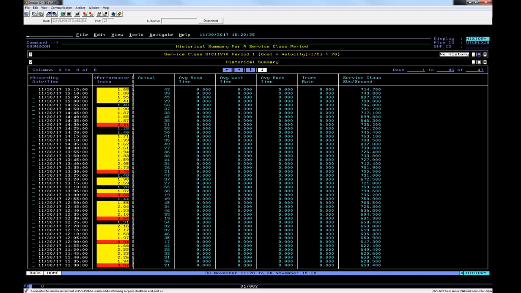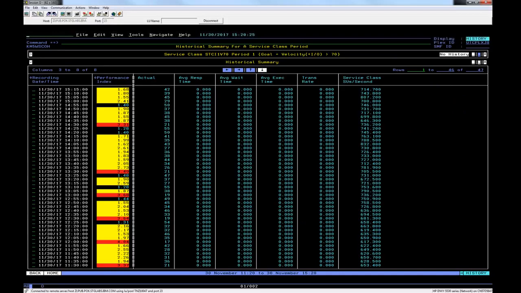This is a velocity, and an indication here that I/O management is in effect, so the velocity includes I/O delays and usings, and the goal is that the velocity exceeds 70%.